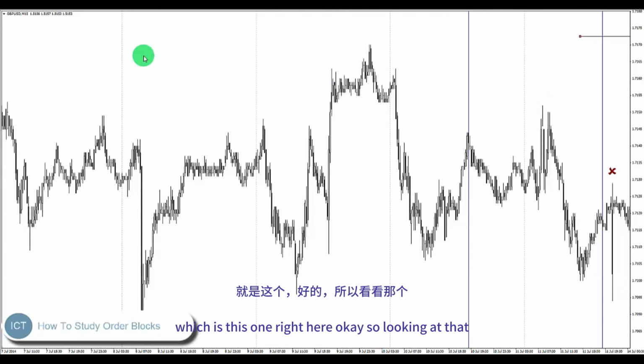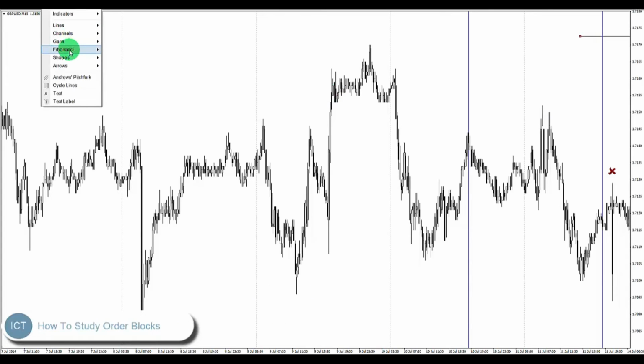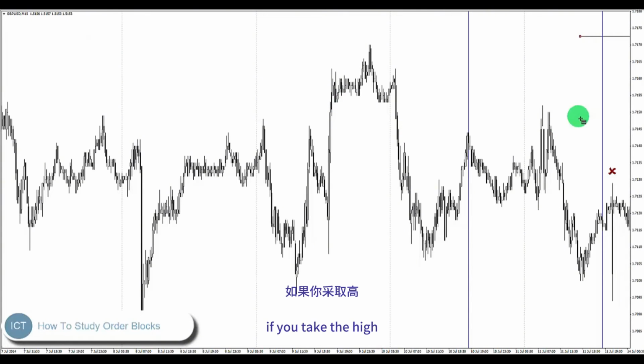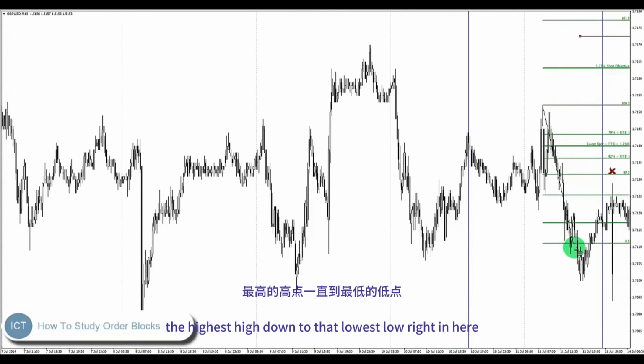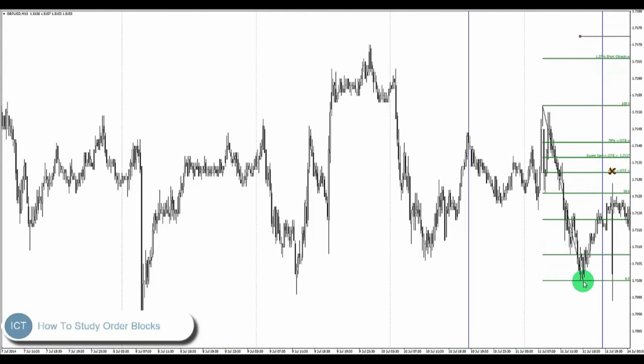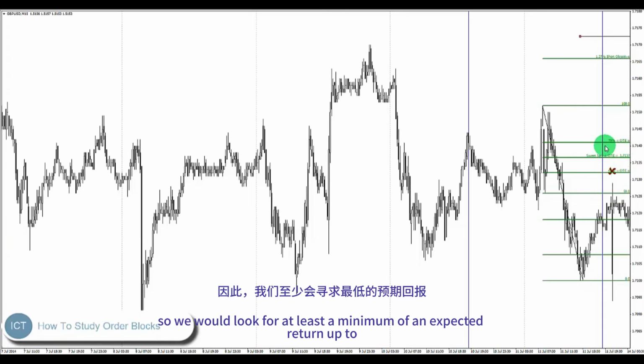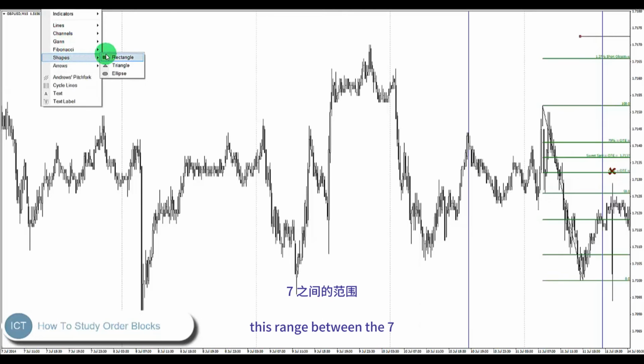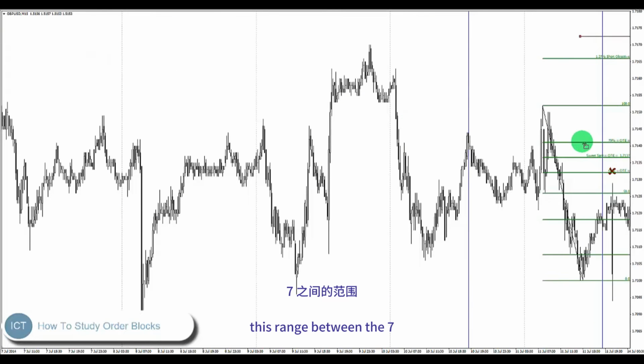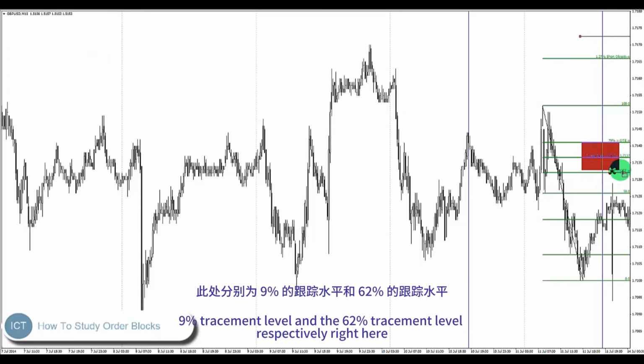Okay, so looking at that, if you take the highest high down to that lowest low right in here, we have optimal trade entry in here. So we would look for at least a minimum of an expected return up to this range, between the 79% retracement level and the 62% retracement level respectively right here.